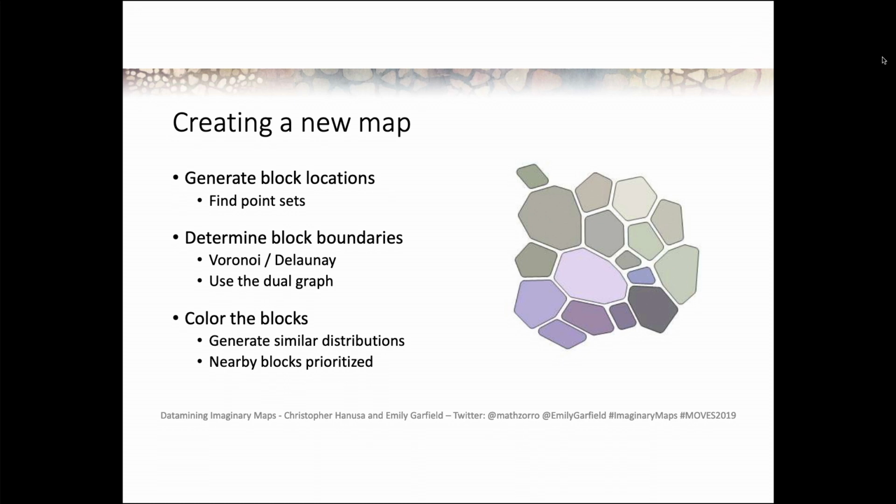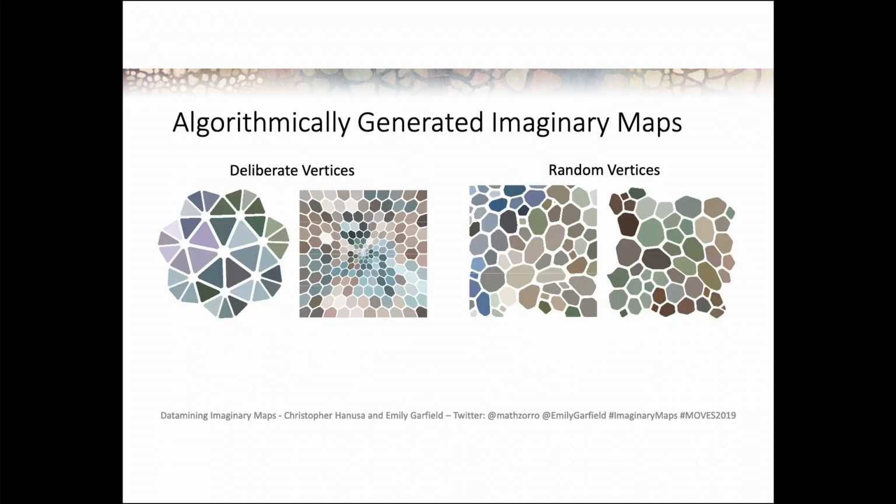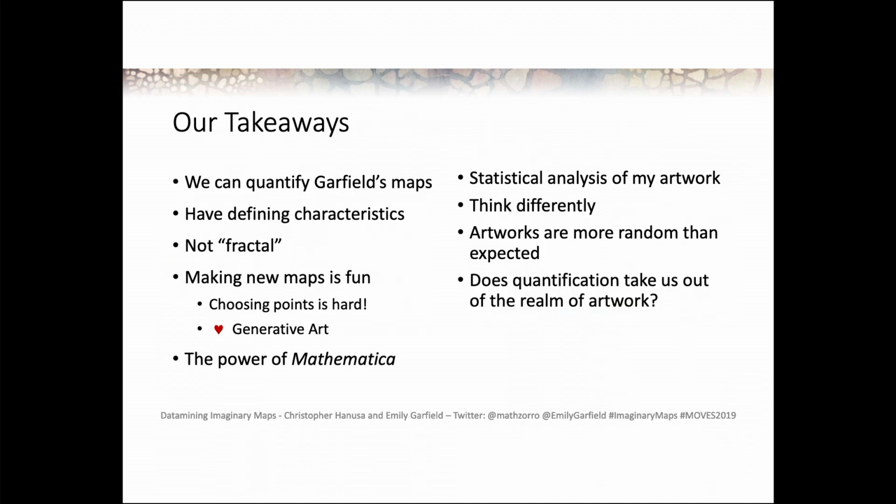So all of the grayish ones are over here, and then the purplish ones are here. And when I do that a couple of times, I came up with some pieces of art. If I chose vertices deliberately, you get these interesting graph structures. If I chose random vertices, I get this more natural, organic feel to them.